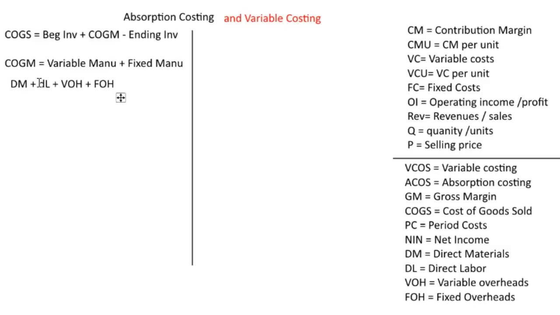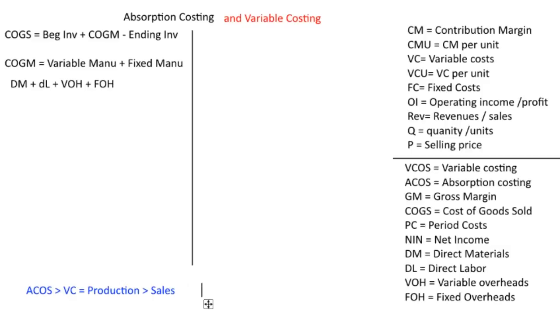So I should probably write that down here in blue. Absorption costing, the net income is greater than variable costing when the production is greater than sales.